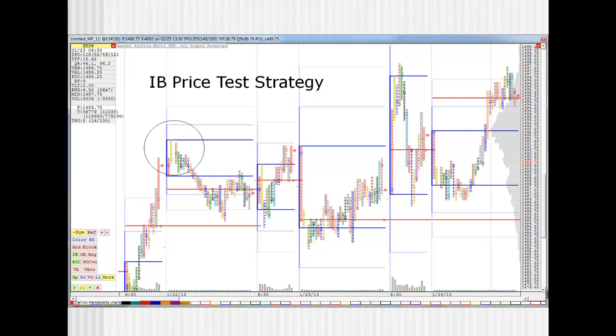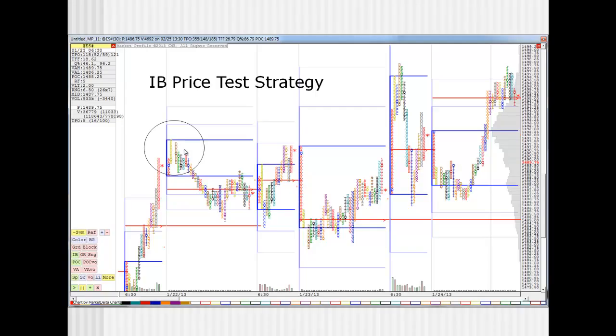Well, one way to help us take a look at the market and what's going on in the market and the initial balances is to actually use a split profile. Now, not often will you hear me sort of trying to employ or implement a strategy using the actual profile chart.